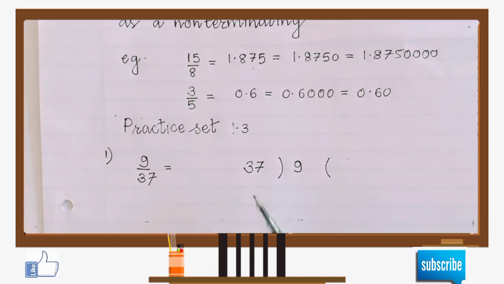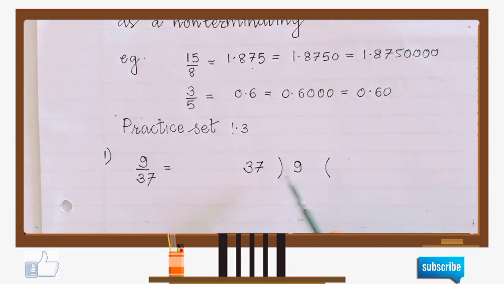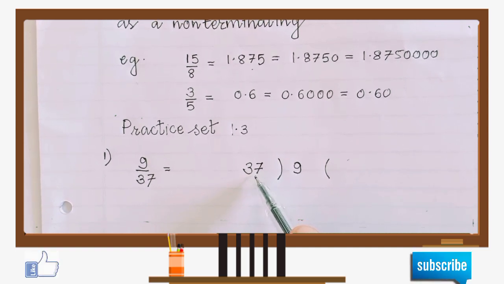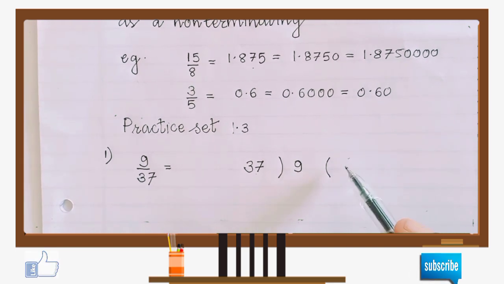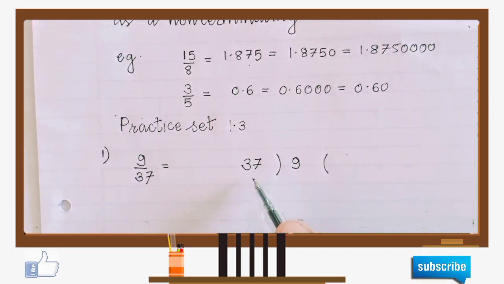Now see here, 37 and the 9 is here. We are going to divide by 37. The divisor is 37, and we are dividing 9, and we are getting the quotient here. Now you see here, 9 is smaller than 37.